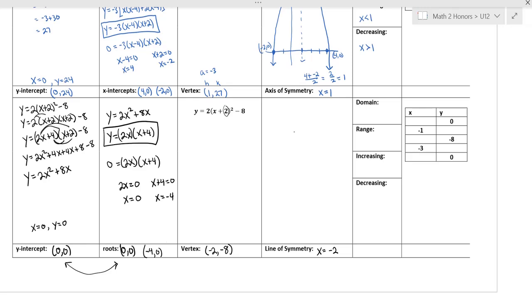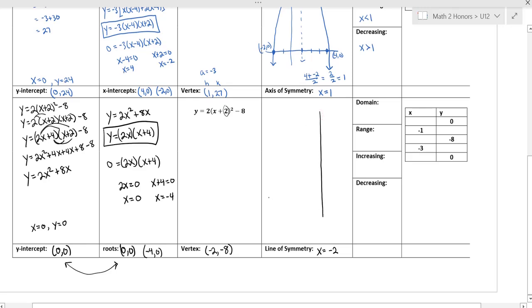Alright, let's put this together in a graph. The center of my graph is at x equals -2. I have x-intercepts at 0, 0 and -4, 0.